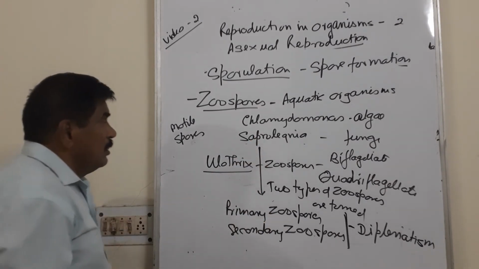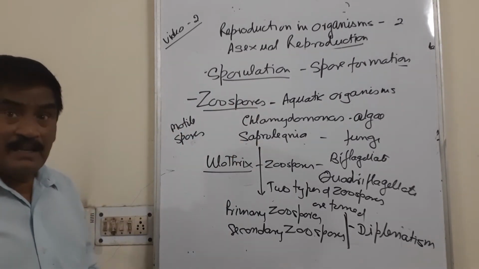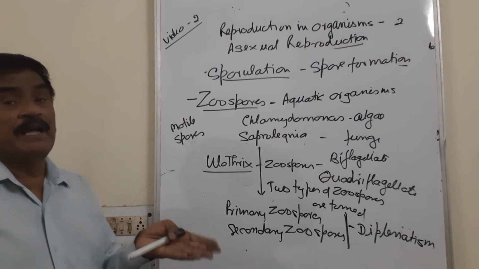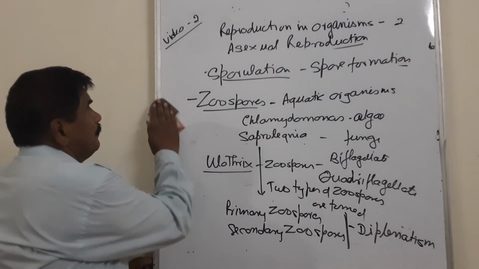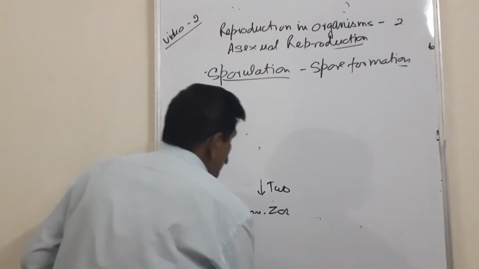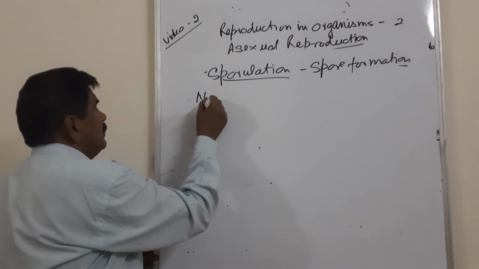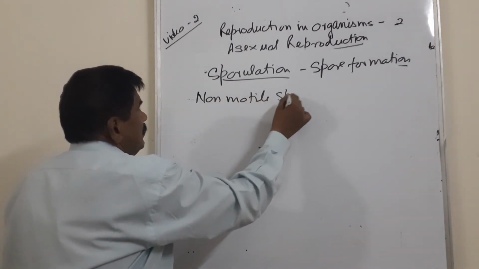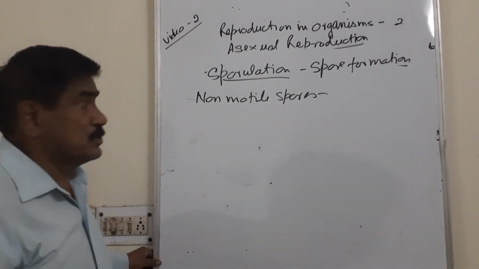Now, zoospores are formed in aquatic organisms where the spore can swim, but spores may be non-motile also. So non-motile spores which are formed, they are called aplanospores.